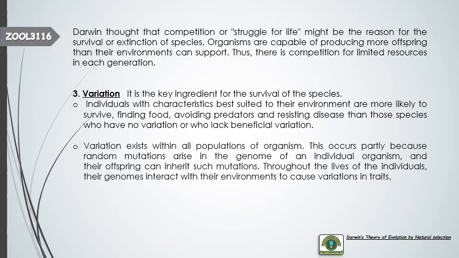Okay, second point in variation is that variation exists within all populations of organisms. This occurs partly because random mutations arise in the genome of an individual organism, and their offspring can inherit such mutations. Mutations are what? Mutation generally means change.